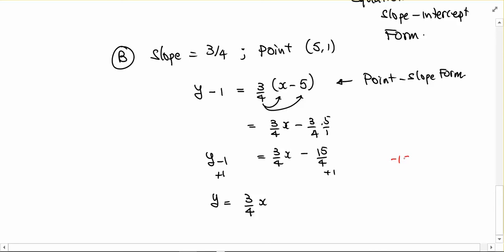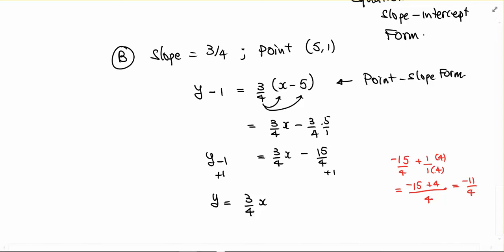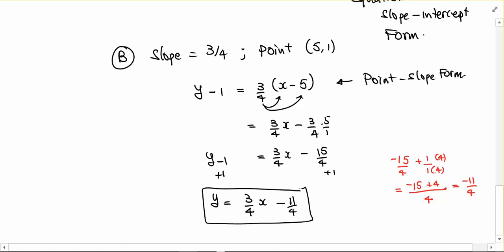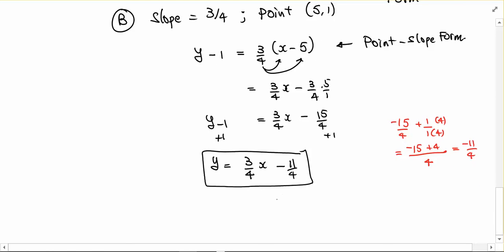So we have a -15/4, to which we're going to add 1. We need an LCD, which is 4. So -15, multiply this by 4, multiply that by 4, plus 4, it's going to be -11/4. So we bring it back in, and there is the second example of finding the equation. This is in slope-intercept form.